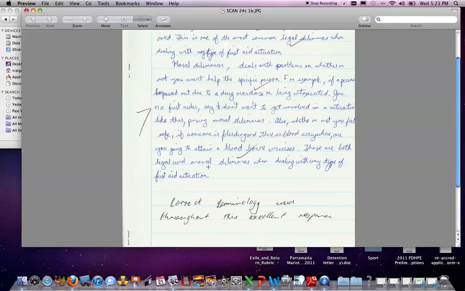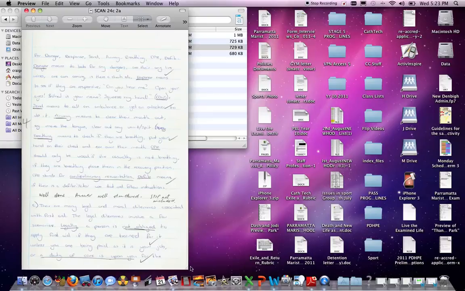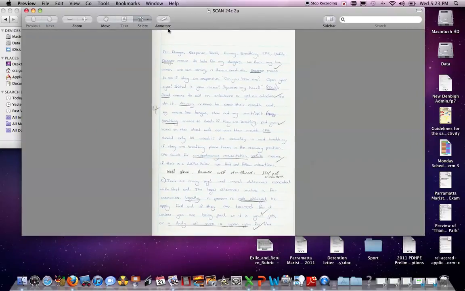So this answer is a clear one. I like how they've structured the moral and the legal dilemmas in two different sections and used correct terminology, and have been able to discuss the Good Samaritan Act, which is evidence of the legal side of things in New South Wales.